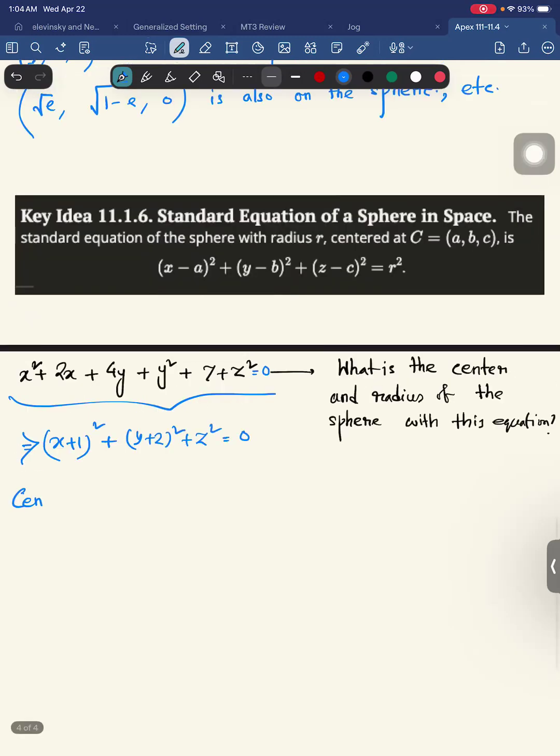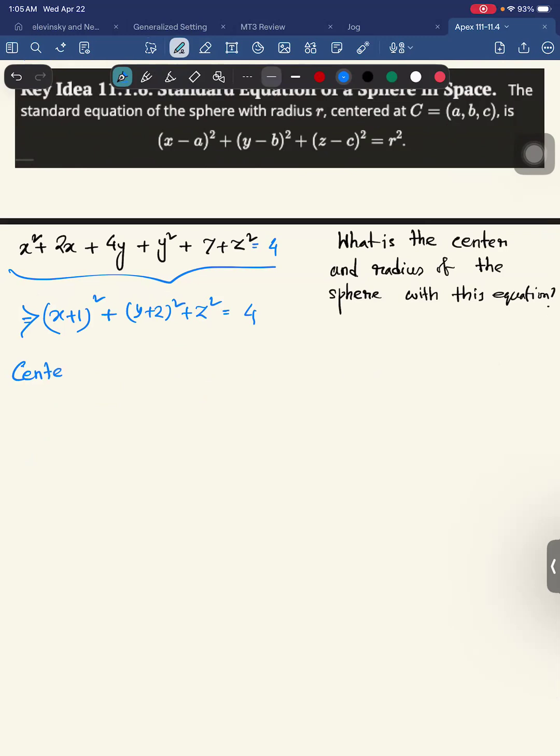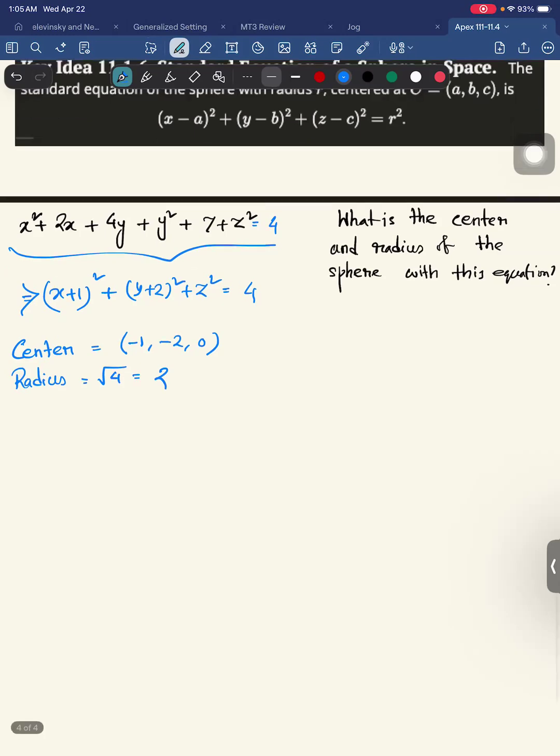I shouldn't say 0, I should say maybe 4. So the center is (-1, -2, 0), and the radius is the square root of 4, which is 2. Something like this. Okay, so keep this kind of question in mind.